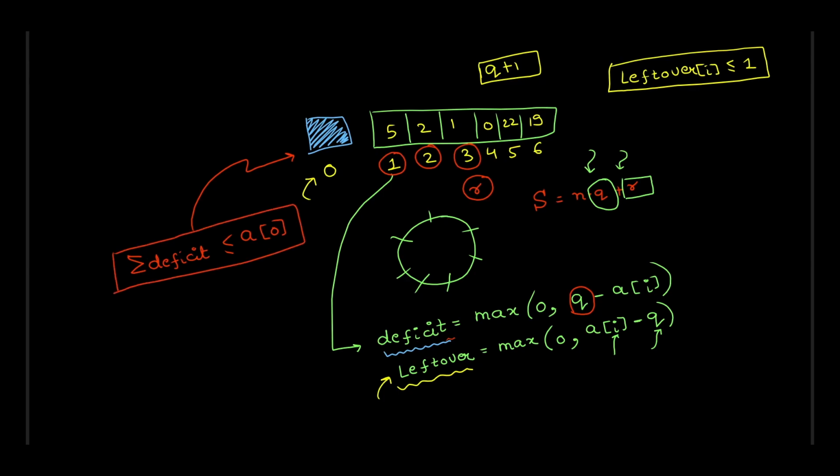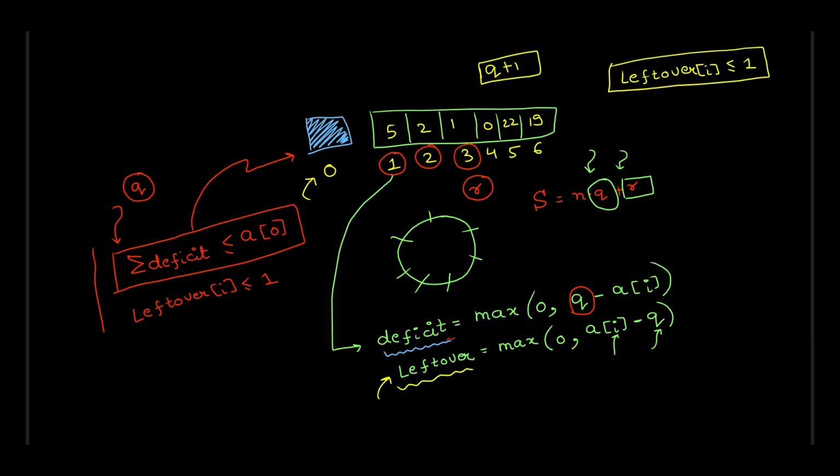So we have two conditions that we have identified. One is that the sum of deficit should be less than or equal to A of 0, so that this condition ensures that each person participates in at least Q rounds. And then the leftover for each i should be less than or equal to 1.